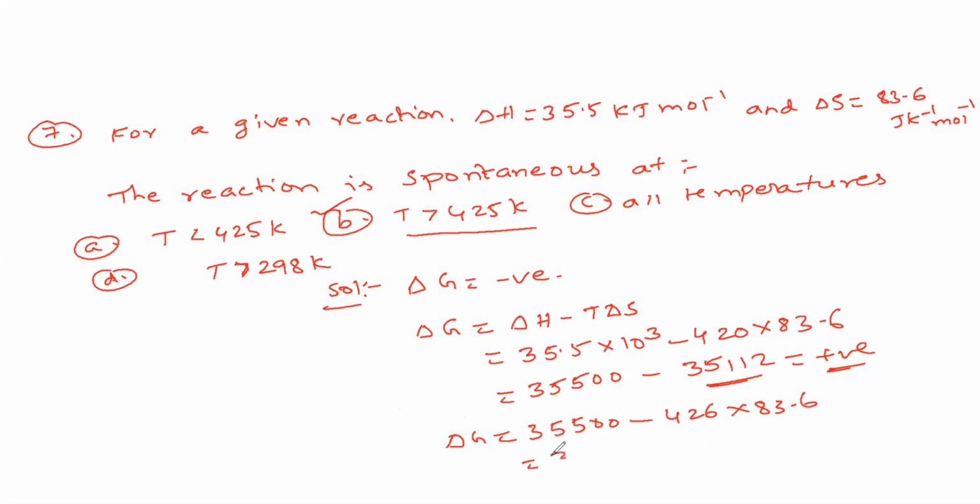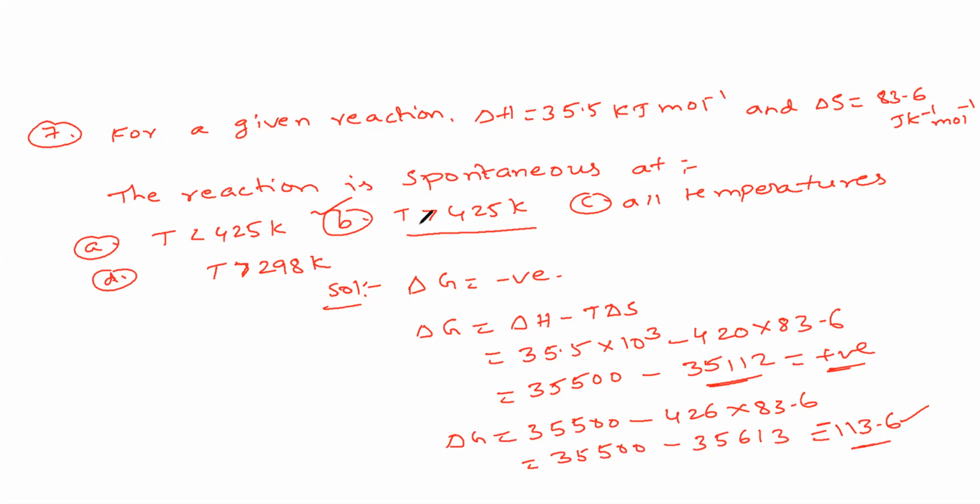So 35,500 minus 35,613 is equal to minus 113.6. So it is a negative value because the negative part is more. Hence T should be greater than 425 kelvins.